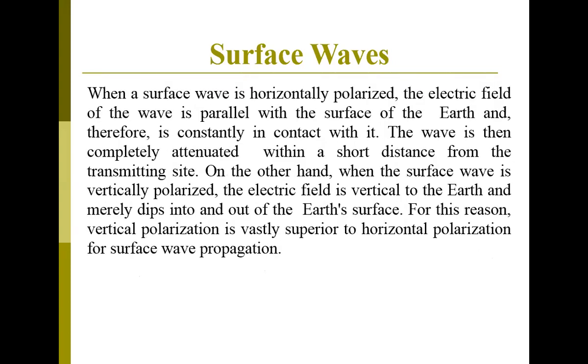If it is horizontally polarized, parallel to the surface of Earth, there is constant contact with it. The nutshell of all the points is that if the wave is traveling near the surface of the Earth, some disturbance is created by the ground surface, because the signal is inducing some voltage there.